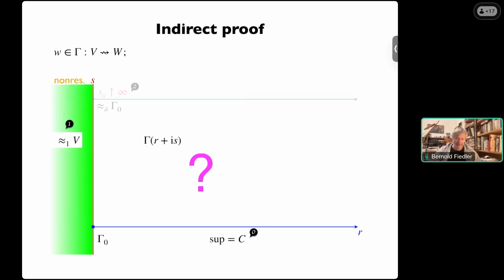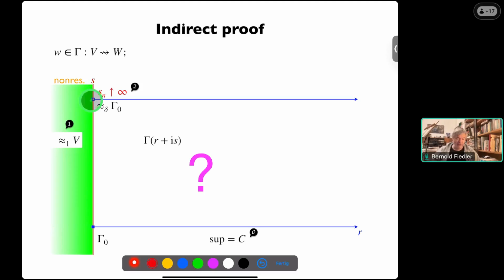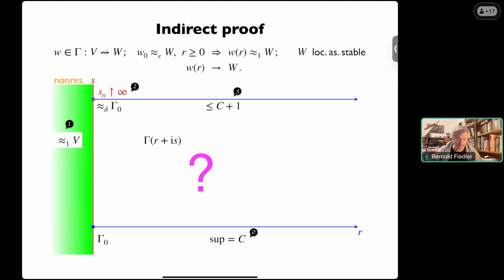So I will now proceed to large imaginary parts at r equals 0, and I have quasi-periodicity. Quasi-periodicity implies that again and again, I'm getting arbitrarily close to this initial condition gamma 0 in imaginary time, just by quasi-periodicity. So I can get delta close to gamma 0, delta as small as I like.